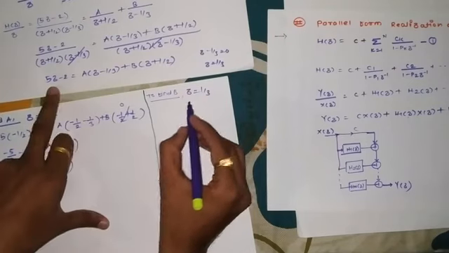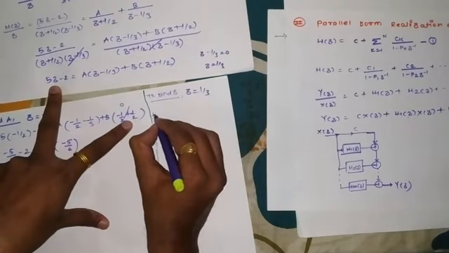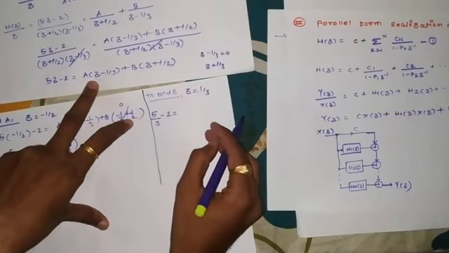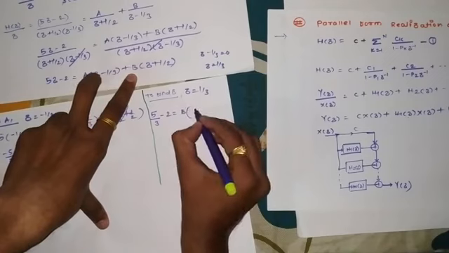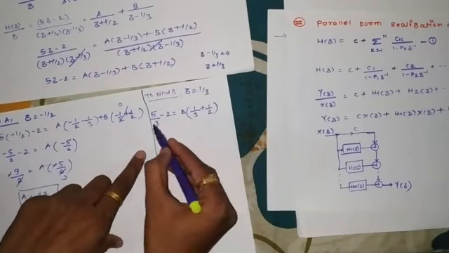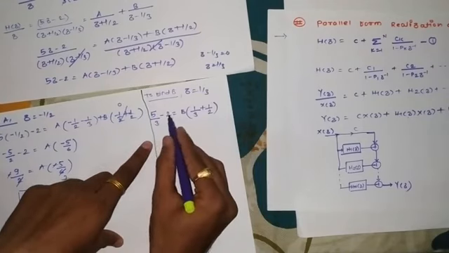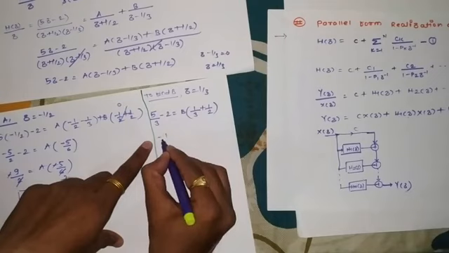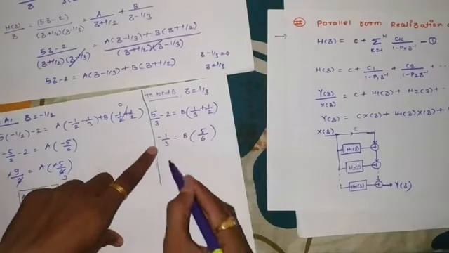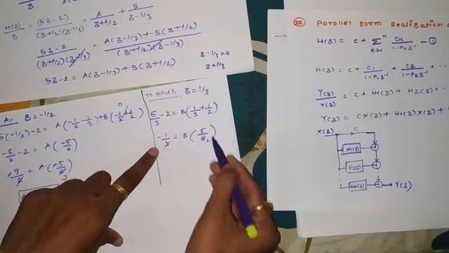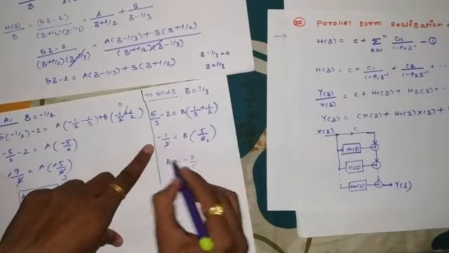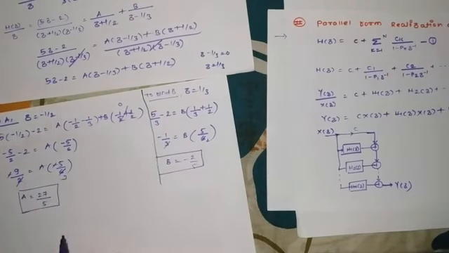Now if I put z = 1/3 in this equation, we get 5/3 - 2 is equal to A, definitely 0, times, plus B into (1/3 + 1/2). The same process, cross multiplication: (5 - 6)/3, that is -1/3, is equal to B into 5/6. So 3 twos are 6, that means this is 5/2. So B becomes -2/5. This is our second coefficient, -2/5.